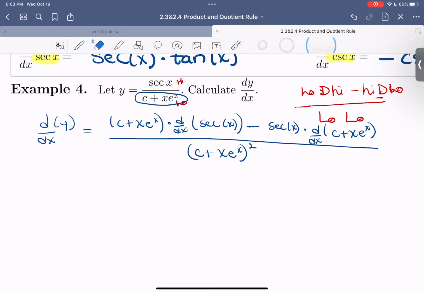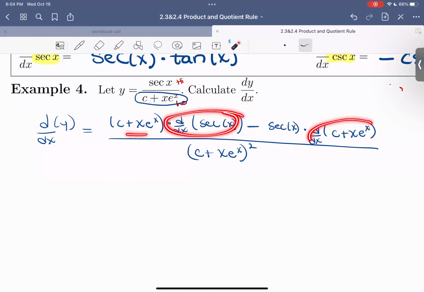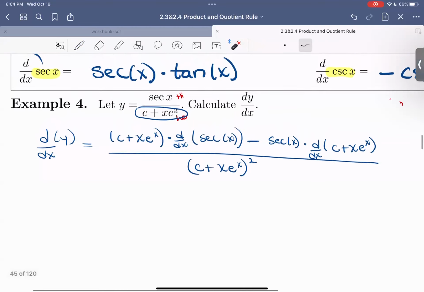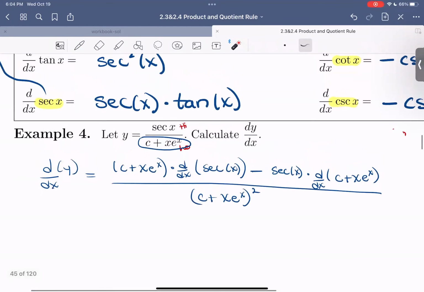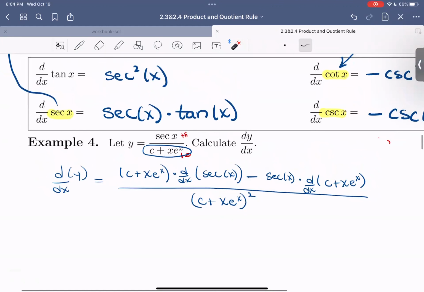All right, we're going to erase a little bit so that we have a little bit more room. Okay. Awesome. So now there's two parts here that we need to compute derivatives of. And we already kind of computed, in a sense, the derivative of this entire function. But now we just have kind of smaller chunks that we're still chipping away at. So we need the derivative of secant. So we can see the derivative of secant up here. So we need to fill that in here.